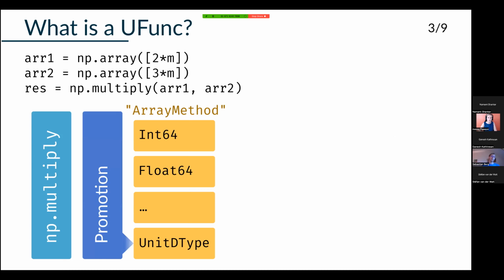Now, of course, if I multiply array 1 and array 2, NumPy somehow has to figure out that these are both units, so I should use UnitDType. And you could have cases where array 1 was not a UnitDType, was just a floating point array. In that case, you have a float64 and the UnitDType, and then promotion kicks in and will choose, well, let's take the UnitDType loop anyway. That step is also new.